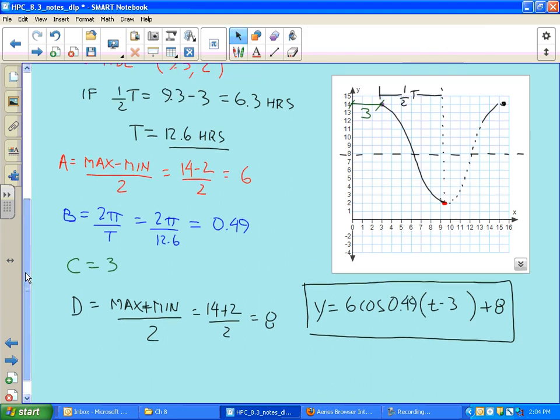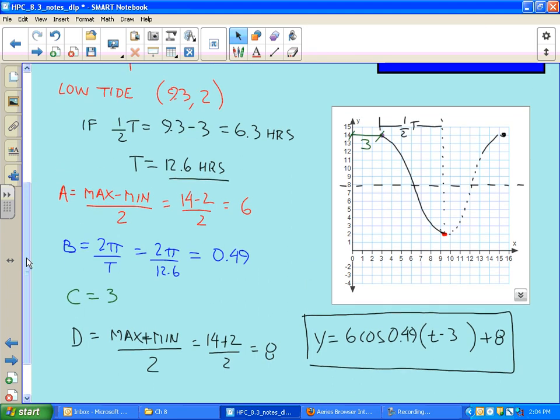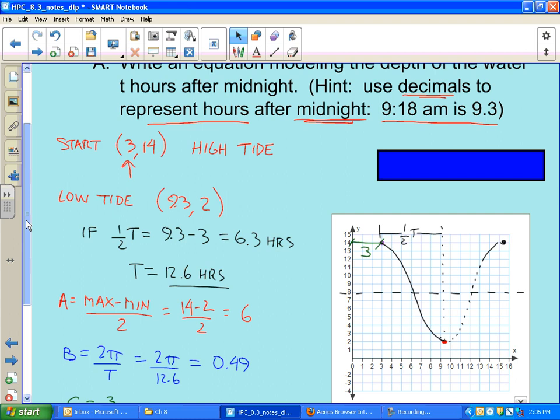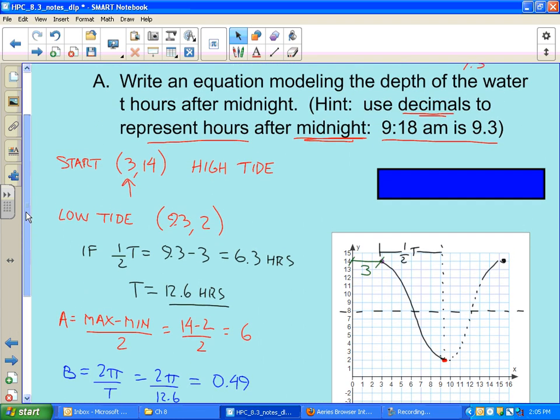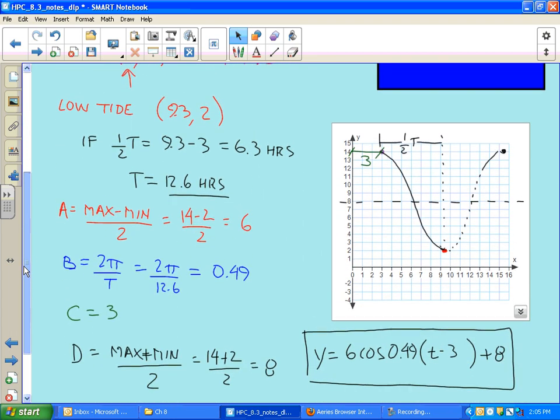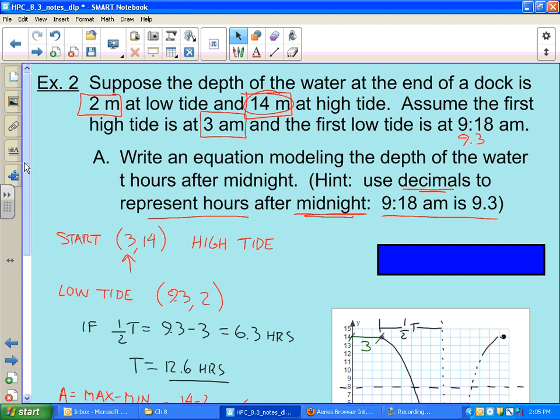So now the head honcho of the port can calculate when is a safe time for these ships that have full loads to come in and unload their catch. Because of this model, they know what each draft of each boat is, and then they're able to figure out, hey, it's a good time to come in now, or nope, not a good time to come in.